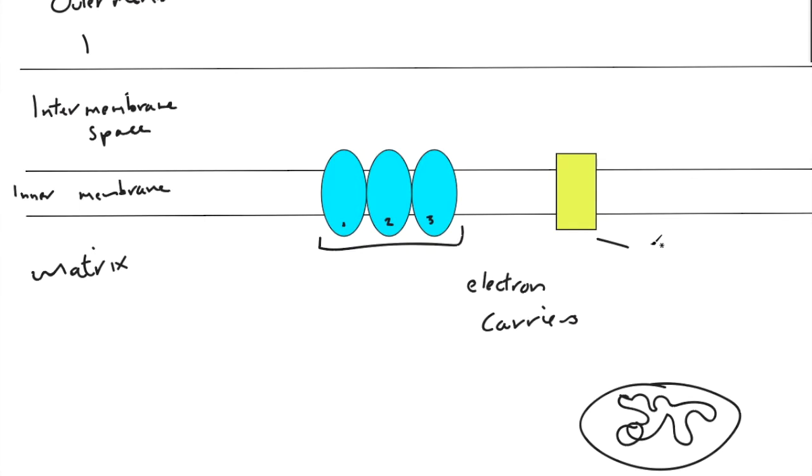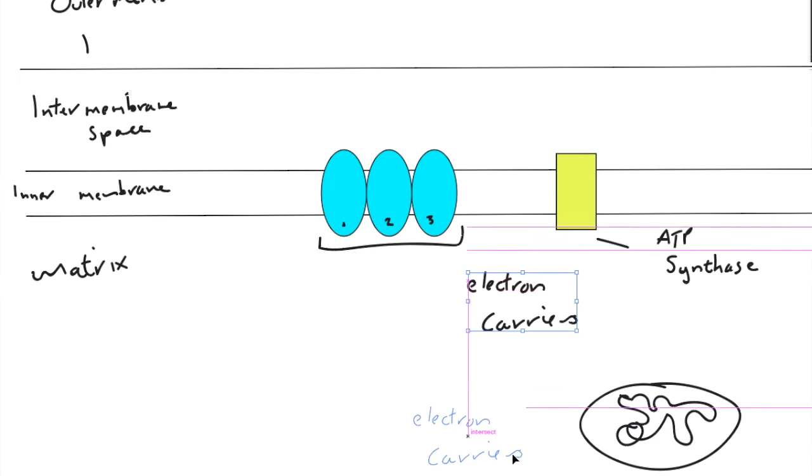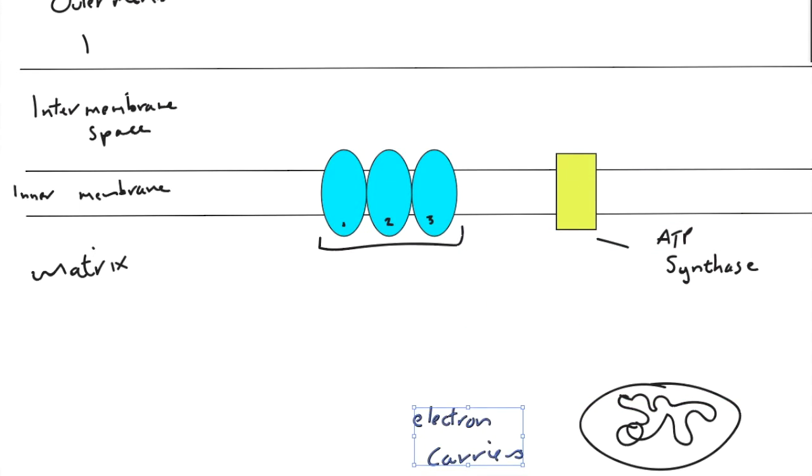Here, this yellow thing is ATP synthase. And ATP synthase synthesizes ADP plus its inorganic phosphate back into ATP. So this is the thing that makes loads of ATP, and that's what you need to remember.